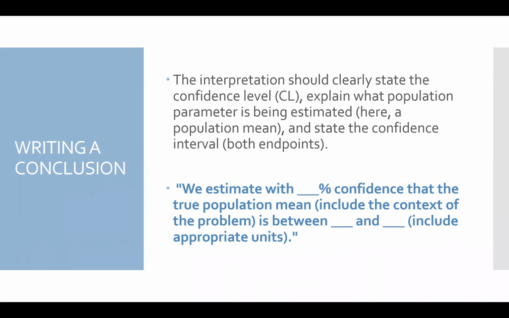Mean age, mean number of credit hours, mean number of inches, whatever it is, between the lower bound and the upper bound. And guys, we usually put the lower bound first. We always go low to high, and the upper. It's not called high, it's called upper.